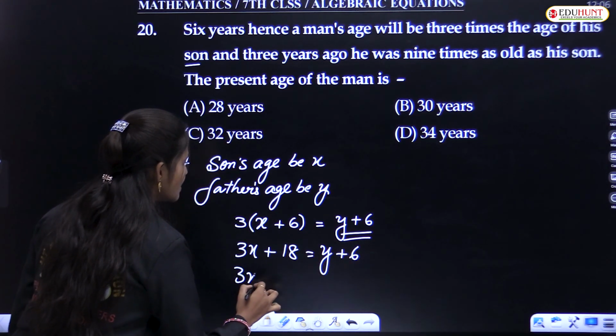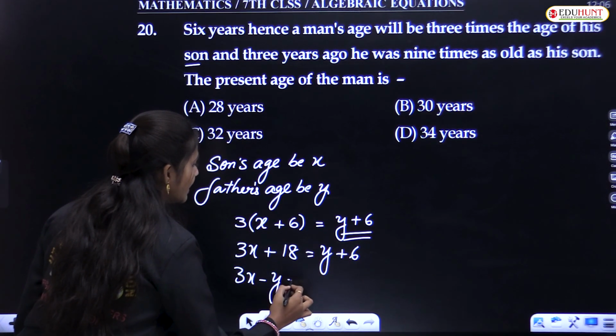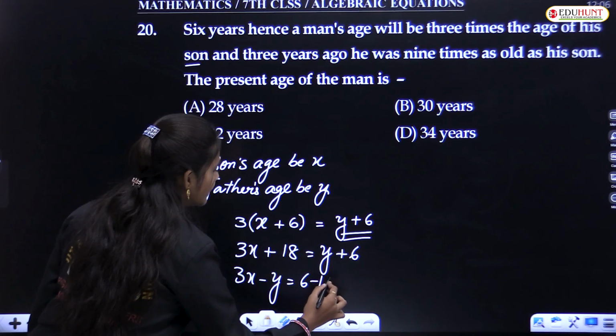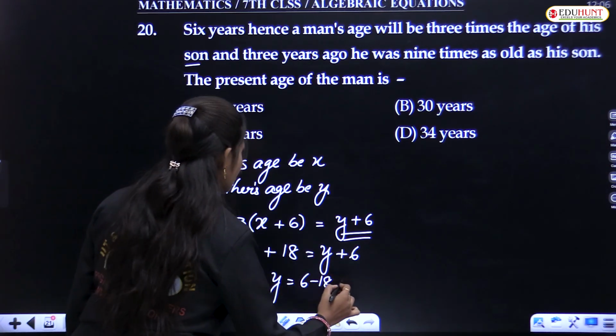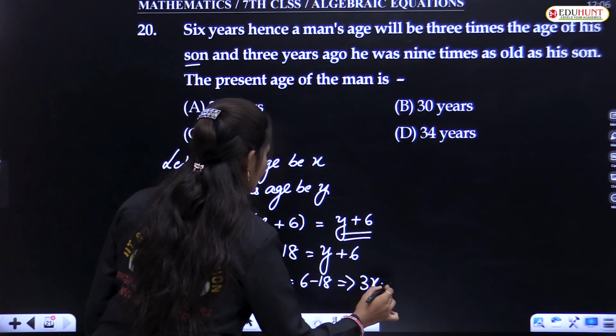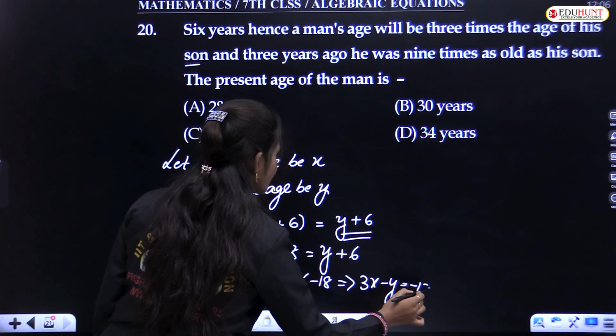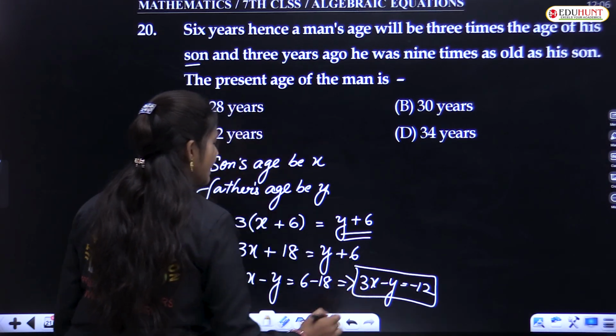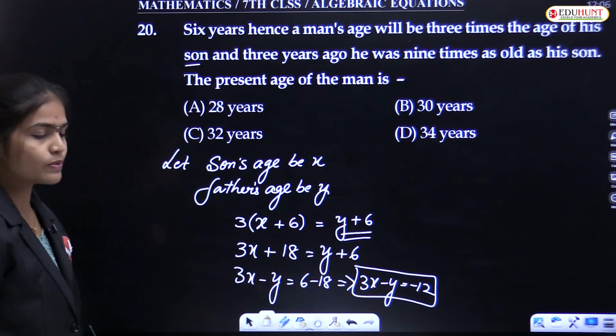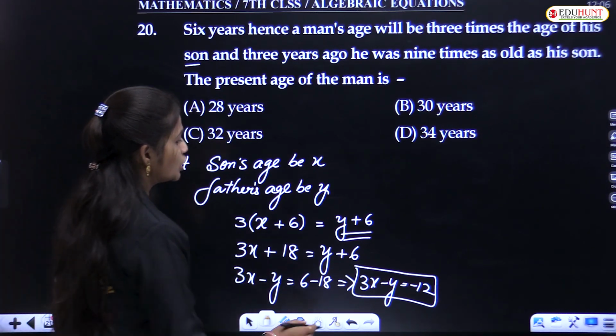So 3x minus y equals 6 minus 18. Okay, so from this, 3x minus y equals minus 12. So this is equation number 1.